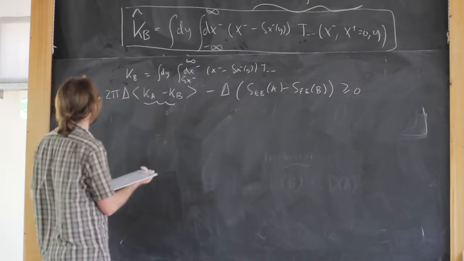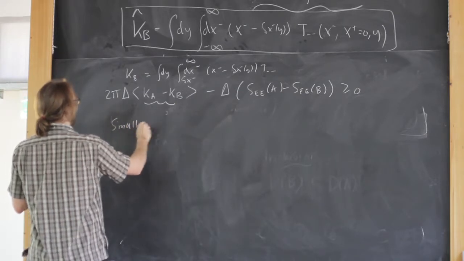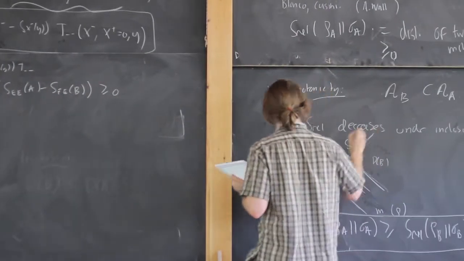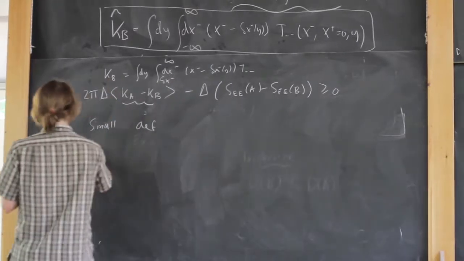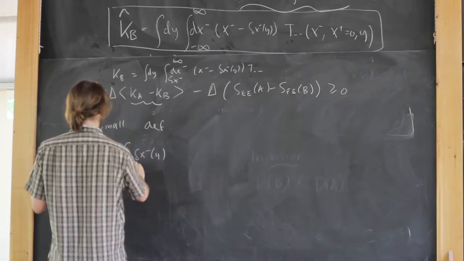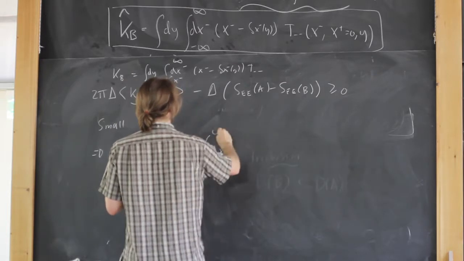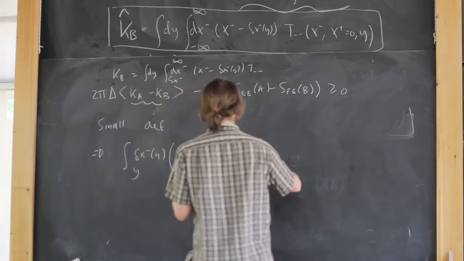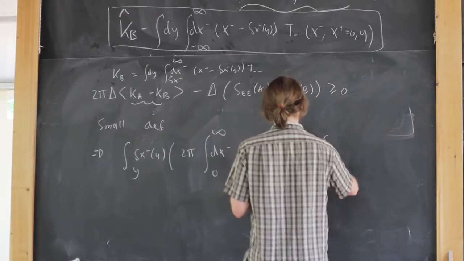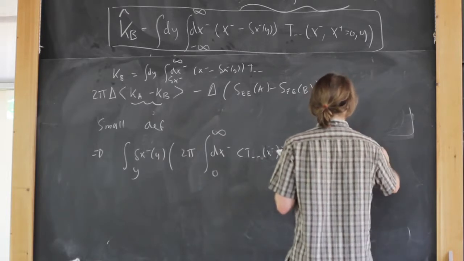Okay. So if we take that and plug it into here, and then do a small deformation, so we're imagining a situation where this deformation is small, then you can expand, and this gives delta x minus of y integrated over y, 2 pi times the integral from x minus 0 to infinity of T minus minus, evaluated in the state rho, plus the functional derivative of the change in the entanglement entropy.